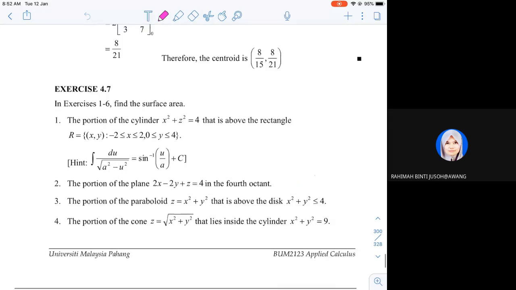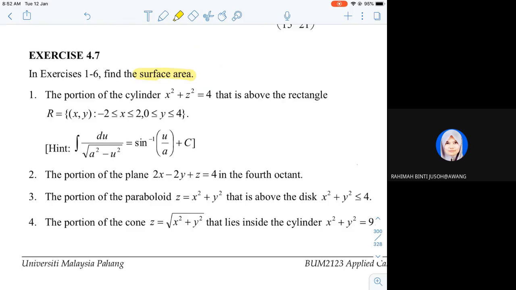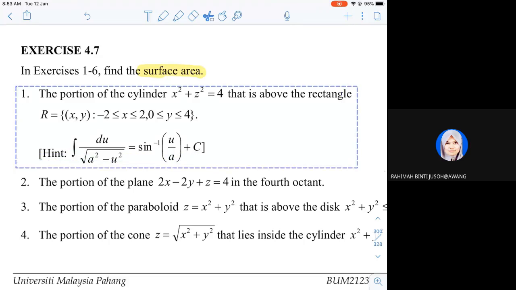Find the surface area. The question asks you to find the surface area. So we start with surface area first. Question number 1 even gives a hint, so we have to use the hint.